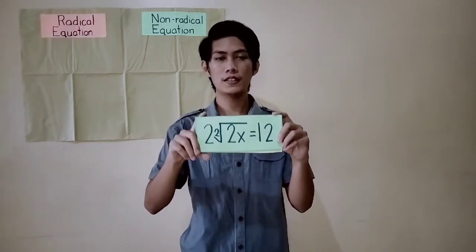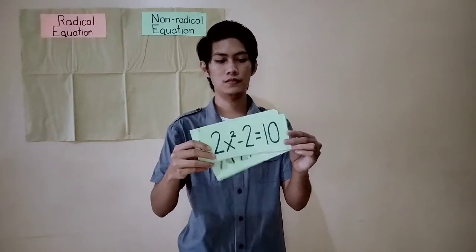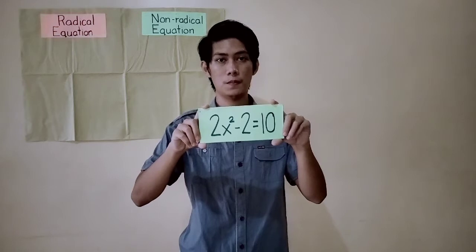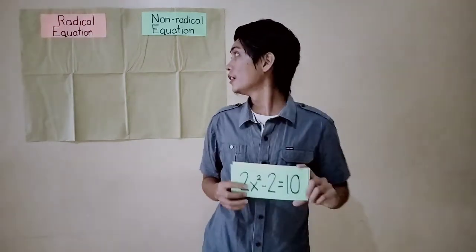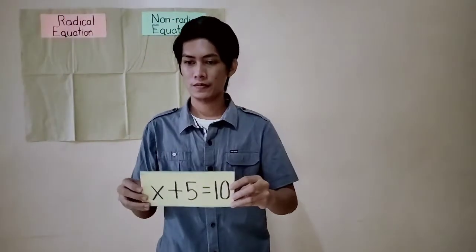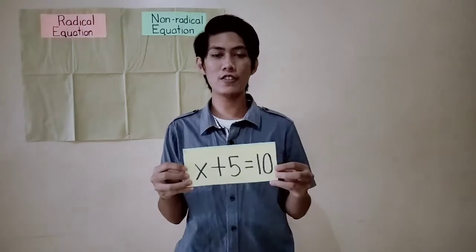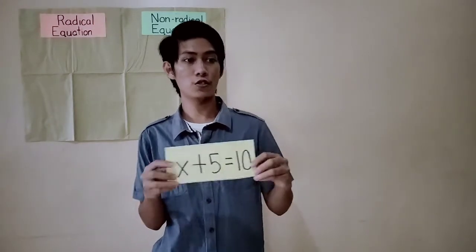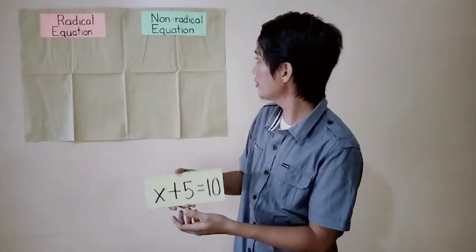And lastly, number 5. So, do you guys already have your answers? So, let's see. The first equation, is it a radical or a non-radical equation? Group 1. Yes, correct. The first equation is a non-radical equation.